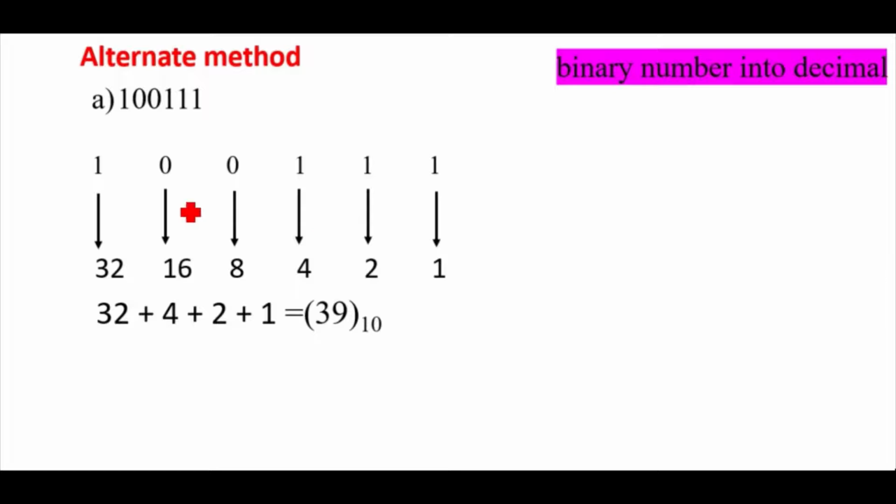Now wherever there is a 1, just add those values. So 32 plus 4 plus 2 plus 1 will give you 39. This is an alternate way, so you can also do it like this.